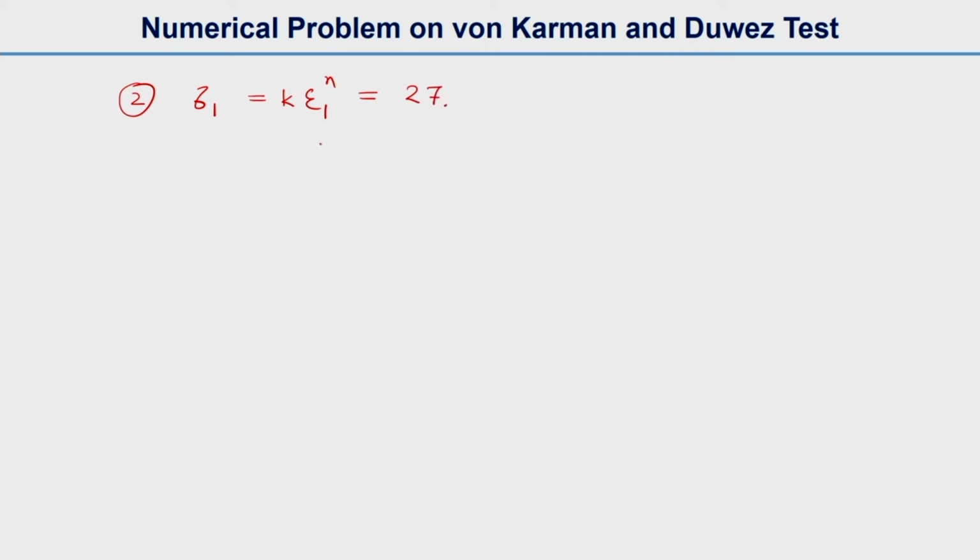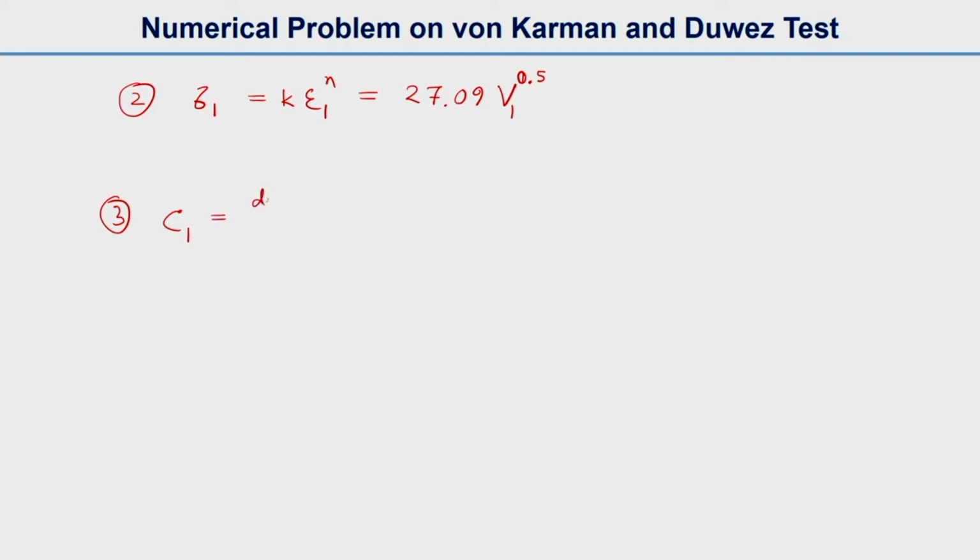We know k, we know n, and we have the expression for epsilon 1 as a function of V1. So that will be equal to 27.09 V1 to the power 0.5. And the third one, we want to get the plastic wave velocity.